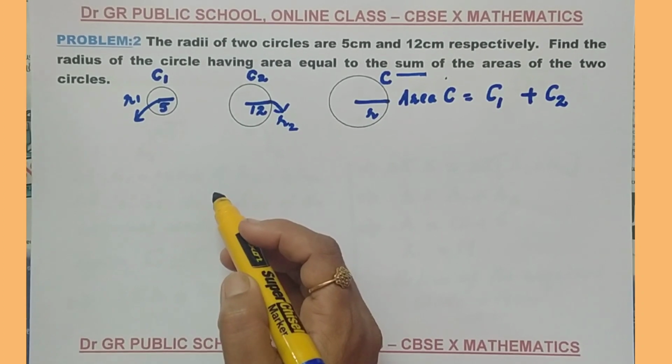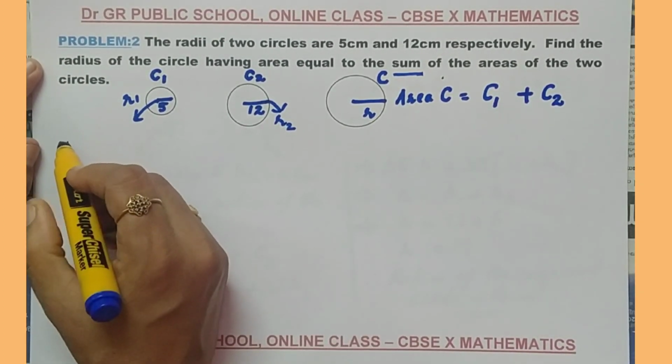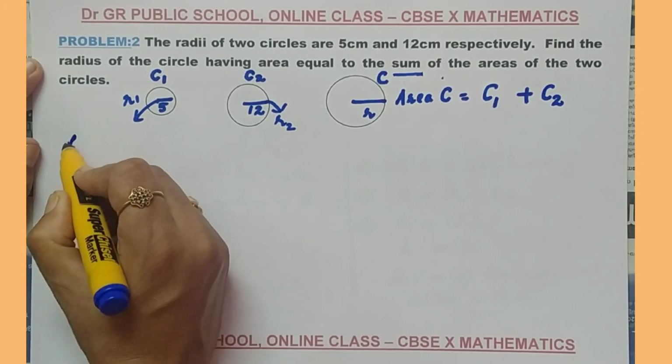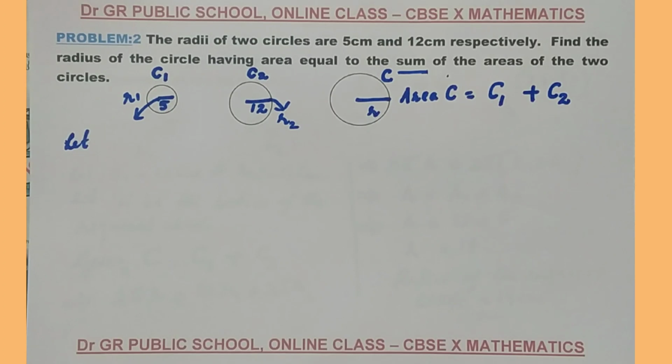Okay, just like the same circumference type question, we can do this. Let me take the radius of the first circle as R1 and the radius of the second circle as R2.